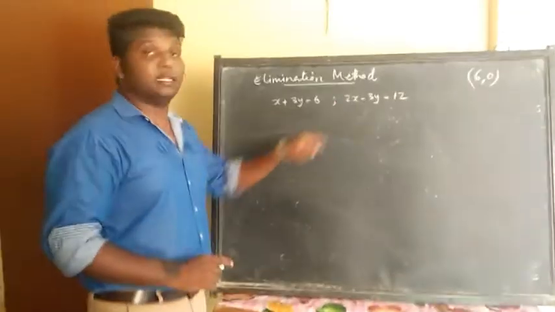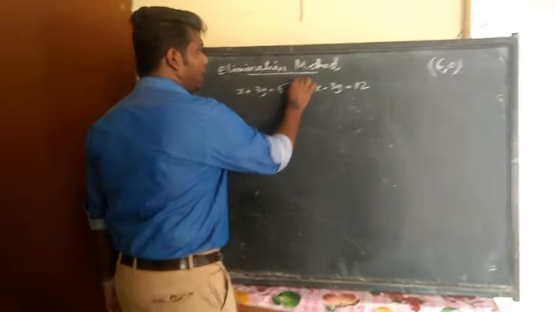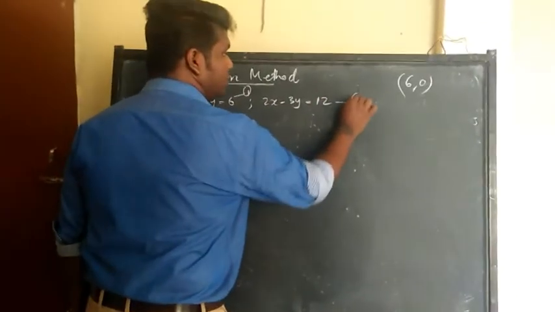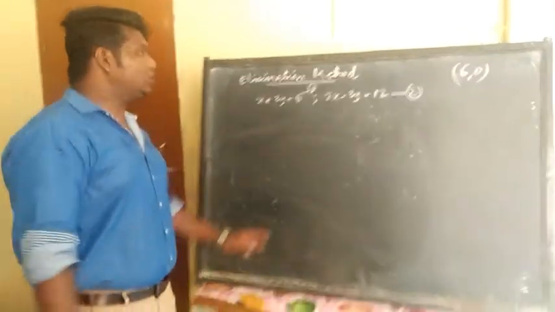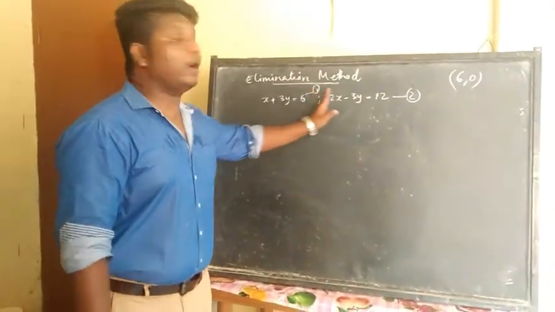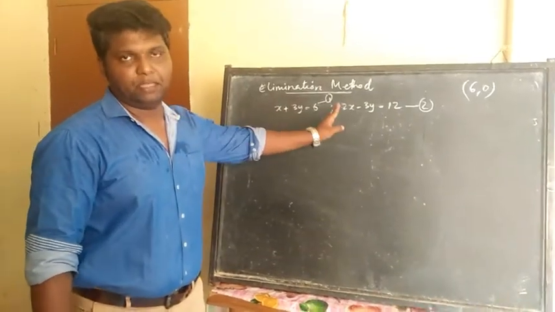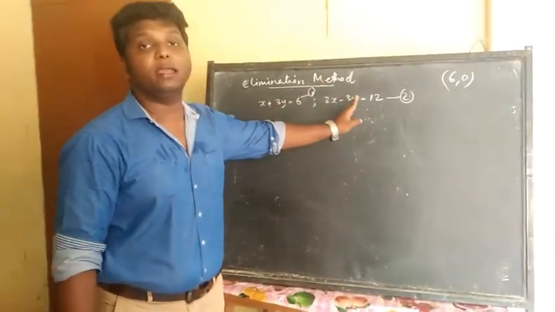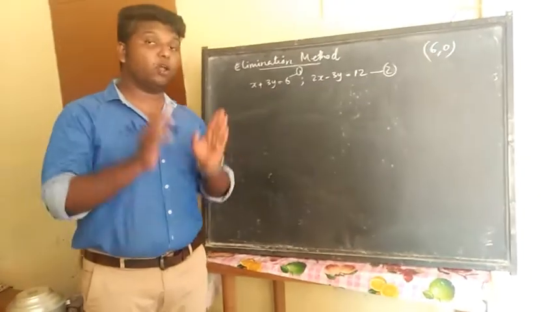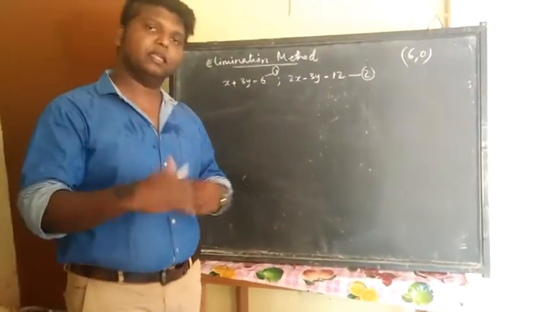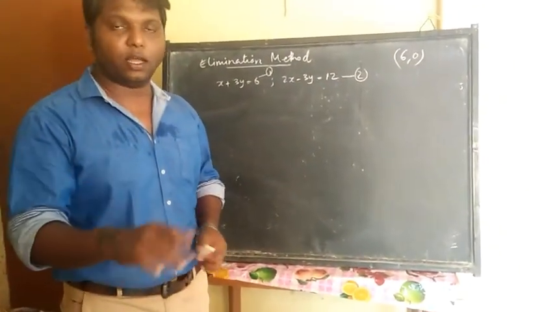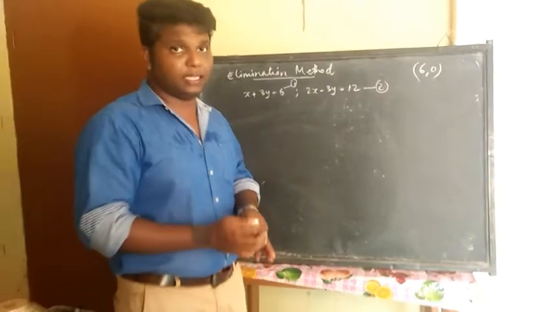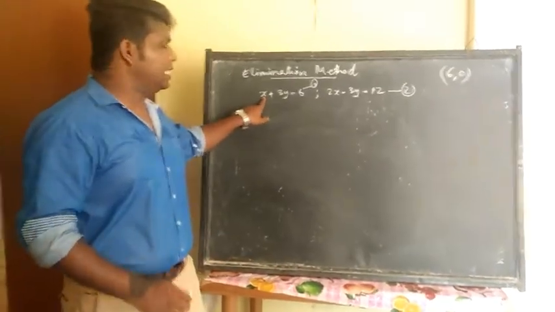In elimination method, you have to see these are the two equations. This is your equation number 1 and this is your equation number 2. And in these two equations, the coefficient of x should be made the same, or the coefficient of y should be made the same. If the coefficients of x and y are the same, then we can go ahead. If it is not, you have to make it. How to make it?